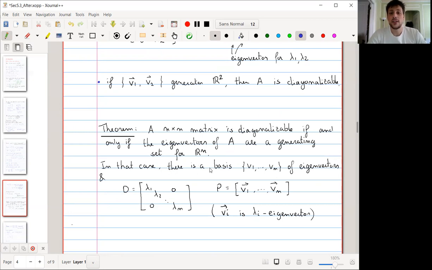Equivalently, there is a basis V1 through Vn of Rn of eigenvectors of A. So I can collect eigenvectors so that I can find a basis between them, and if I can find the basis, then A is diagonalizable. The diagonal matrix D will be the one that has eigenvalues on the diagonal, and the diagonalizing matrix P will be the matrix whose columns are vectors V1 through Vn.